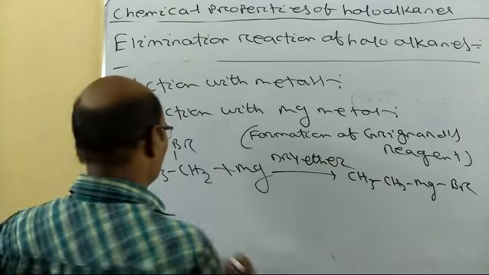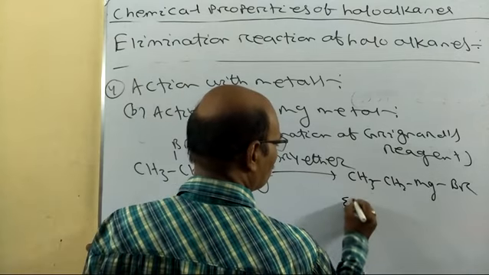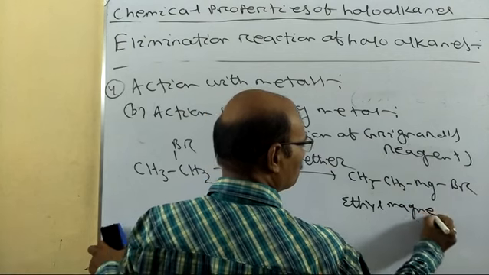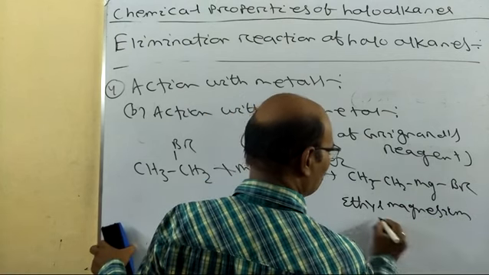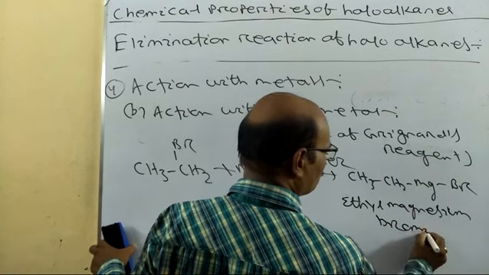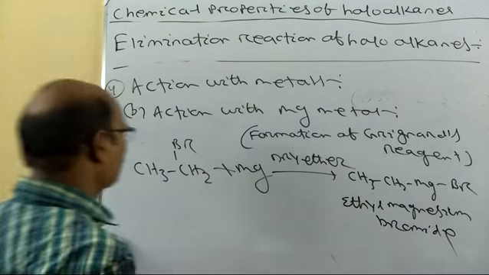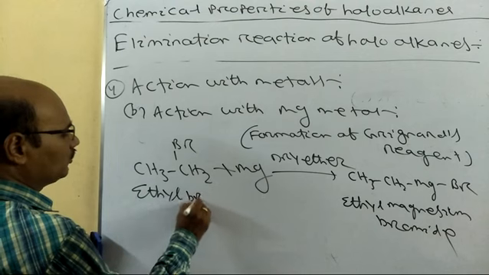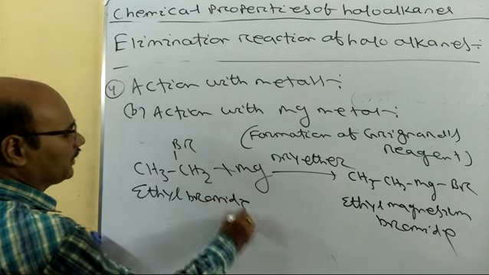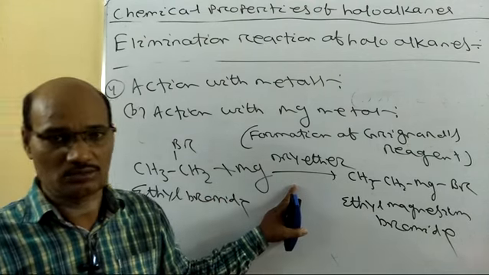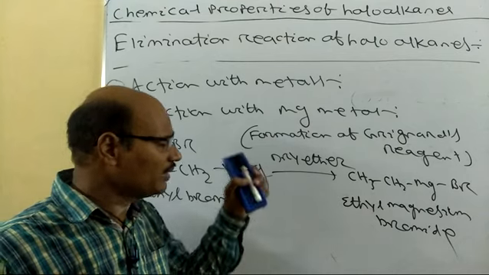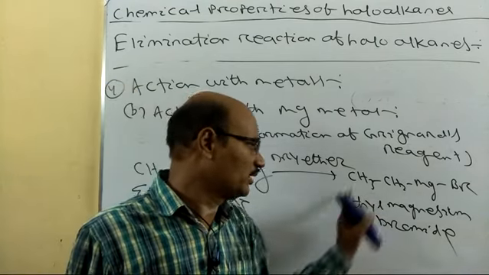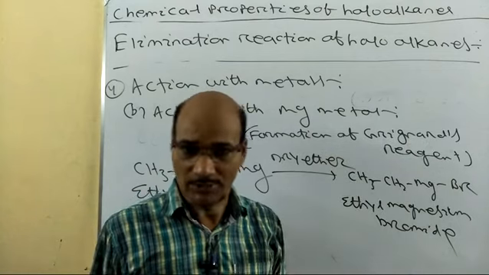This is called ethyl magnesium bromide. And here remember, we must take dry ether conditions, because even a very small amount of moisture can convert this into the alkane.